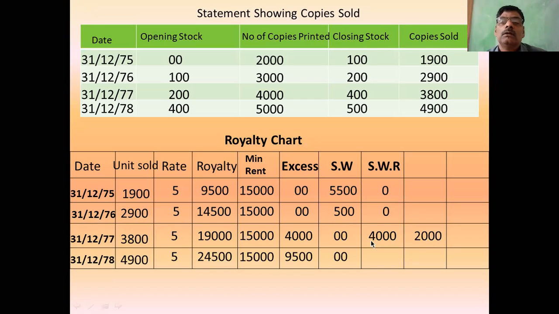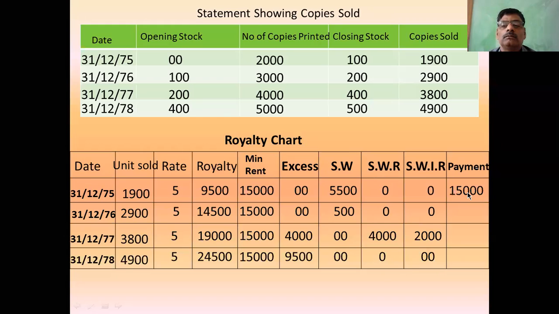This is the first 3 years method. Up to first 3 years you wait, then collect the remaining. In the remaining column you put the 0 like this, the part of short working completed.